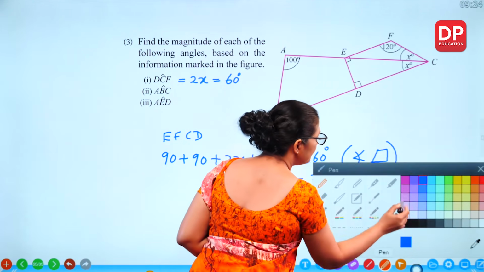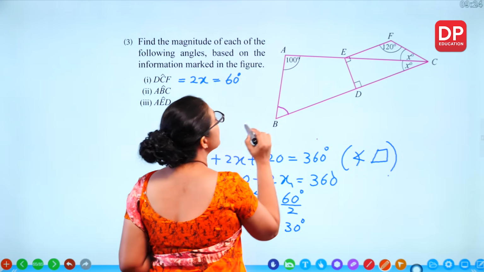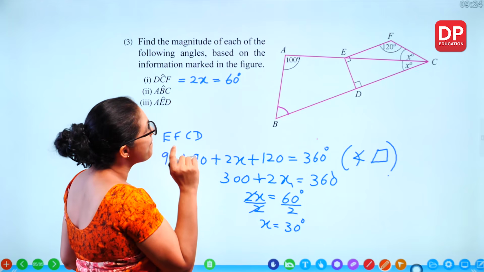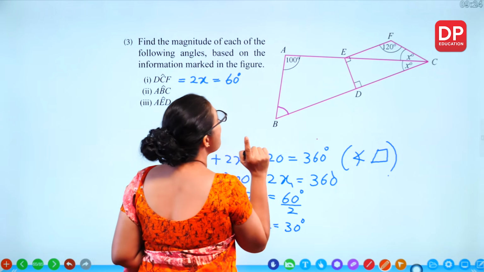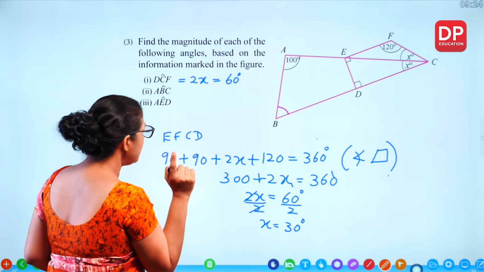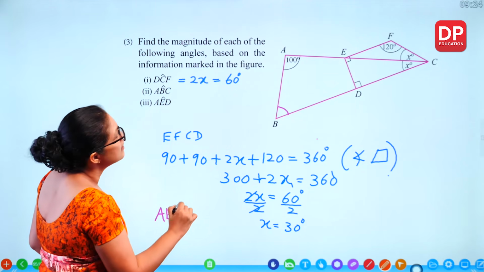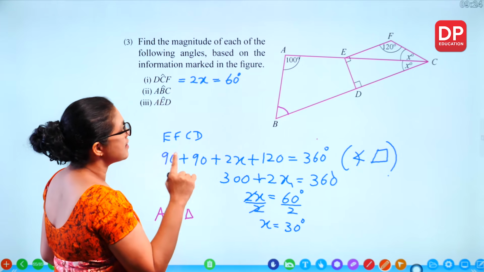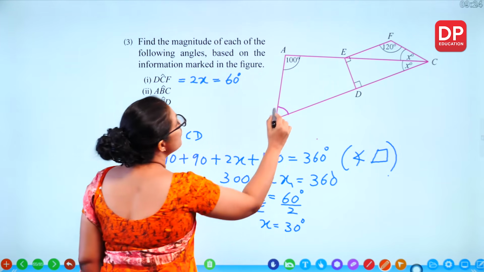ABC now. ABC, this angle. What's that angle? Take ABC triangle. When you take ABC triangle, 100 and x, and you can find out the other angle. So we'll put y there.